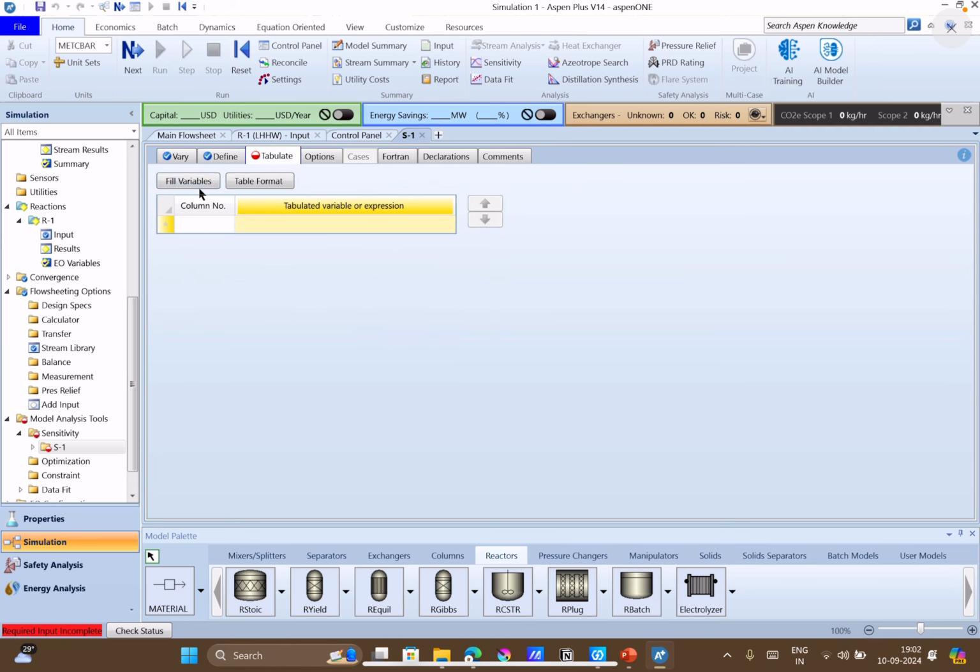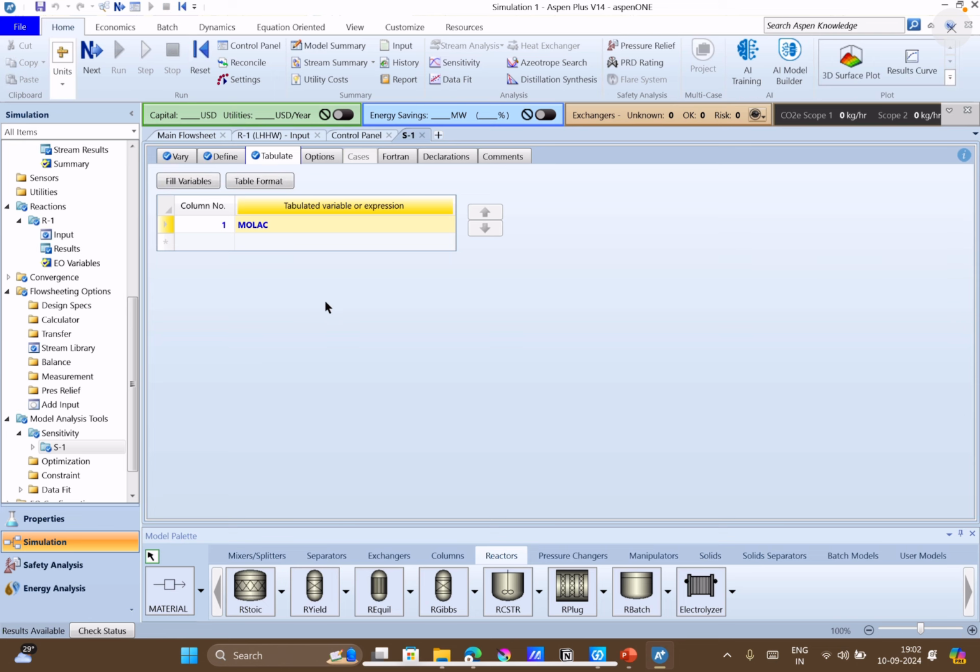Fill all the variables and run the simulation. Yeah, so results are available.